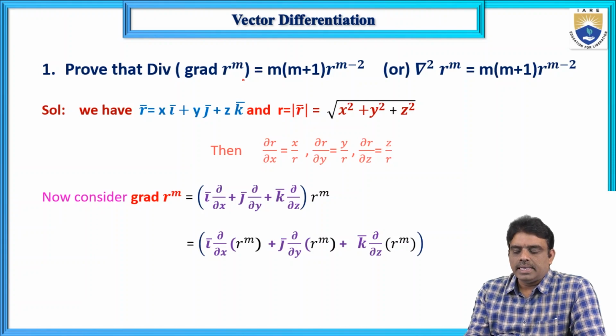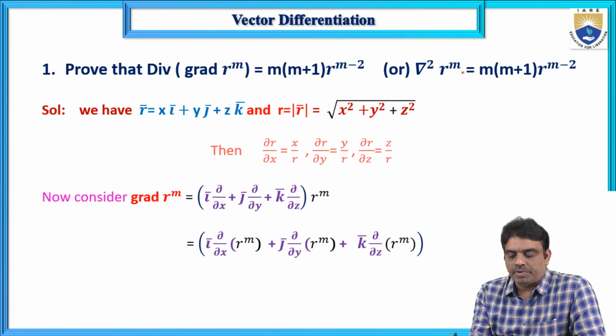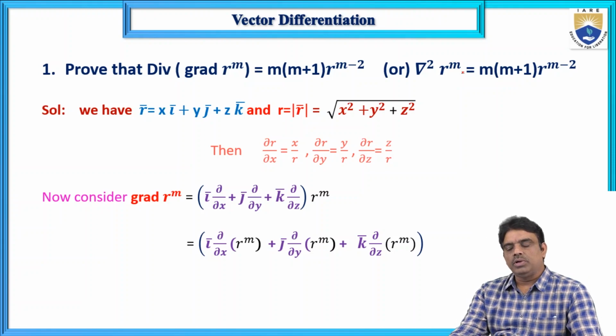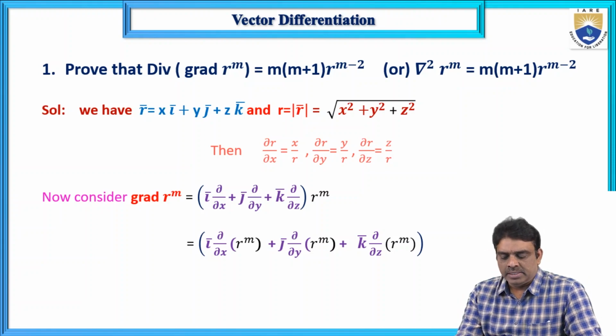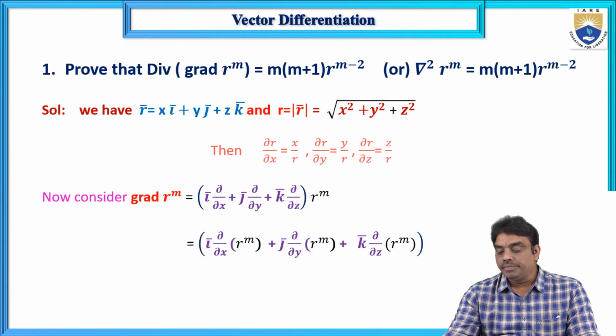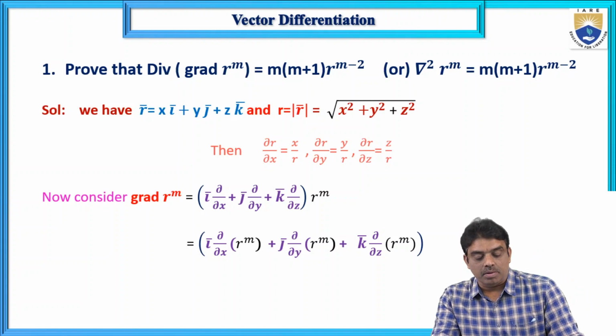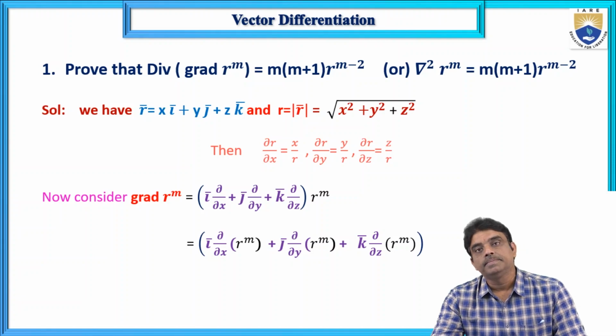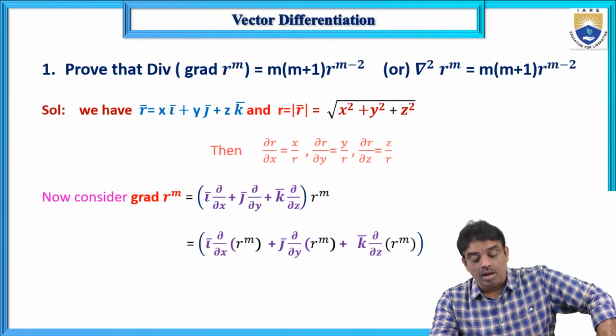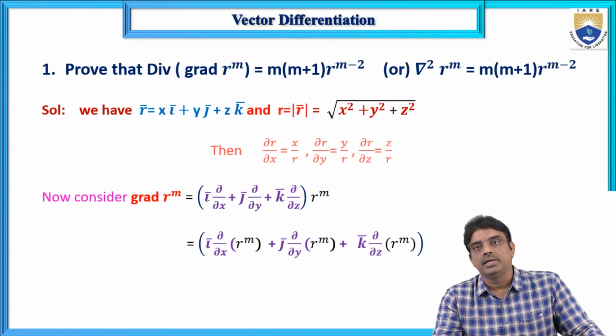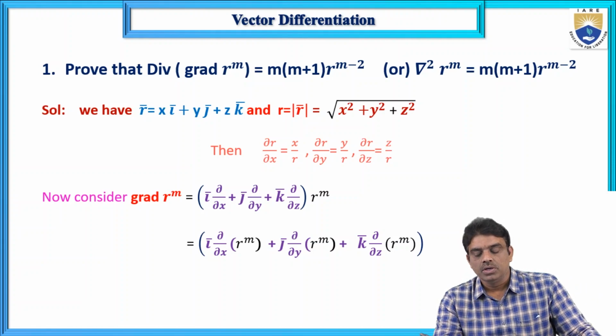That is, div grad, meaning del square r power m, is equal to m into m plus 1 into r power m minus 2. Here, r bar is the standard notation: r bar is x i bar plus y j bar plus z k bar, and r is equal to the magnitude of r bar. It is a scalar function, root of x square plus y square plus z square.